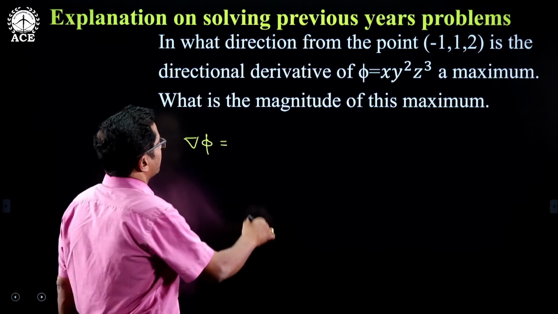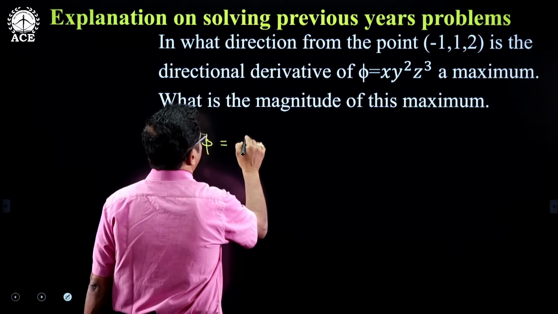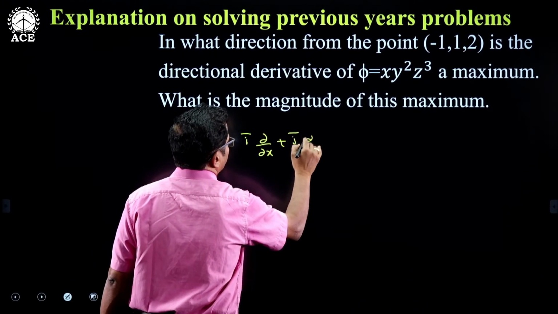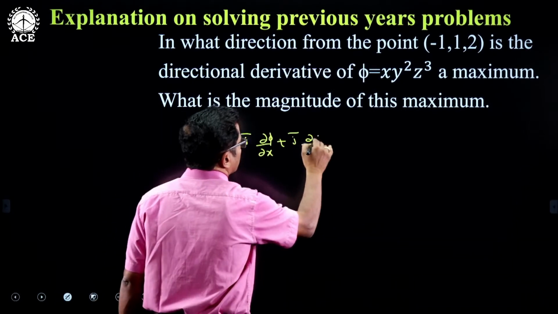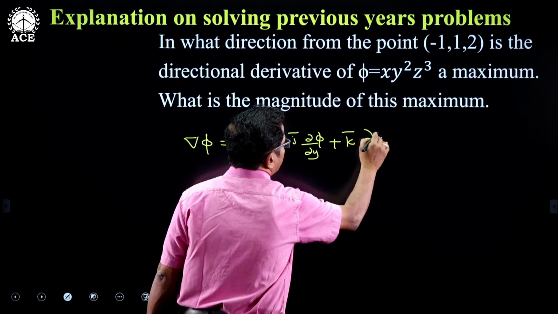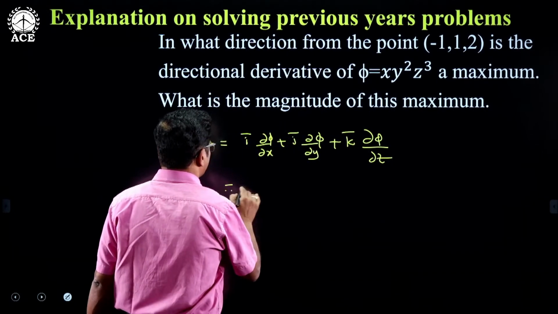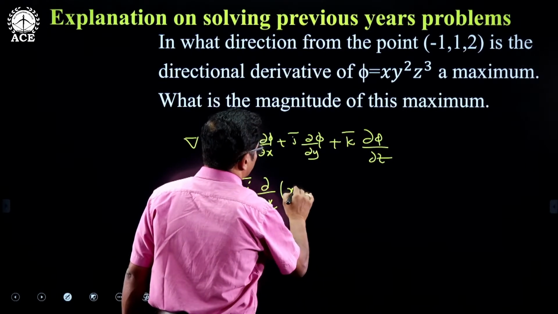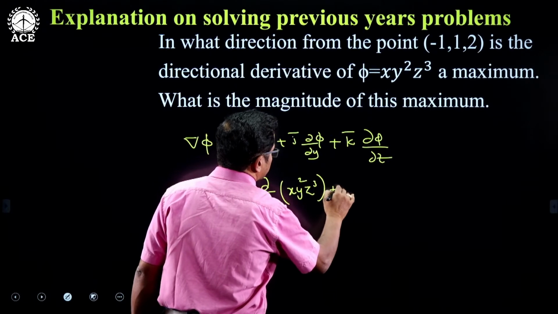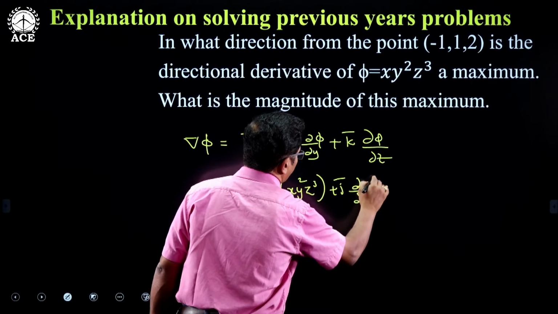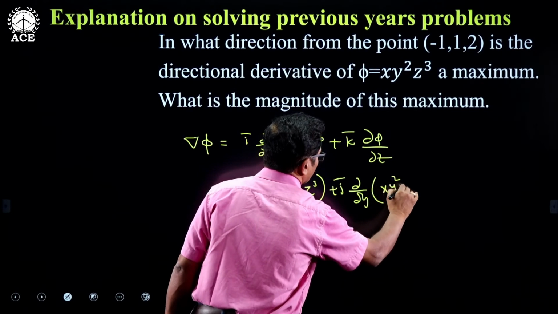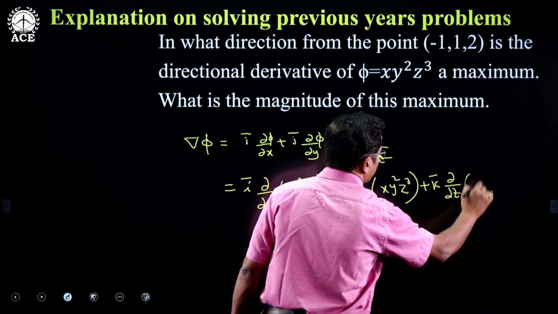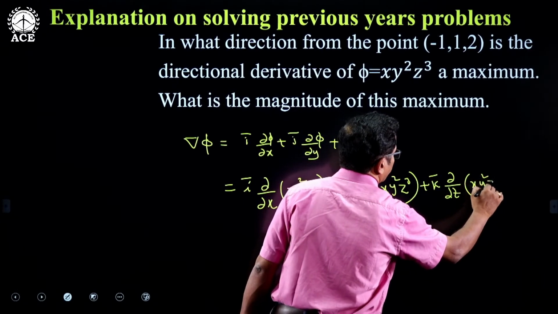Del phi equals i bar into dou phi by dou x plus j bar into dou phi by dou y plus k bar into dou phi by dou z, which equals i bar into dou by dou x of x y square z cube plus j bar into dou by dou y of x y square z cube plus k bar into dou by dou z of x y square z cube.